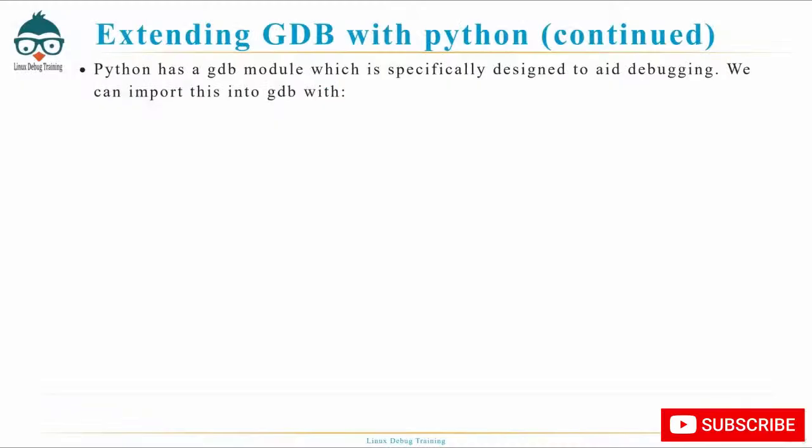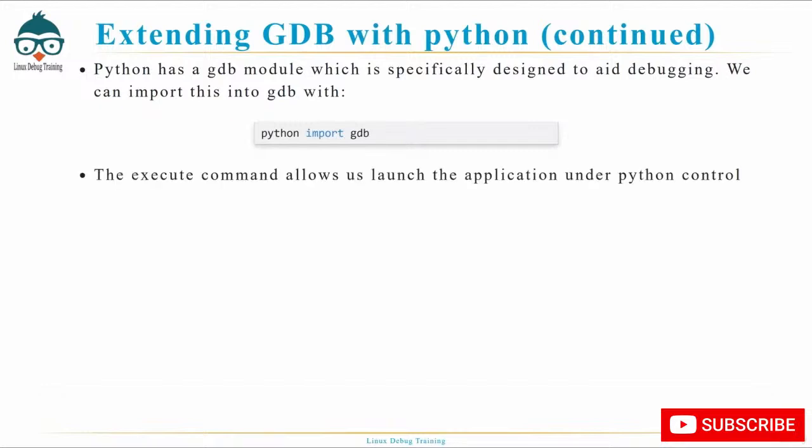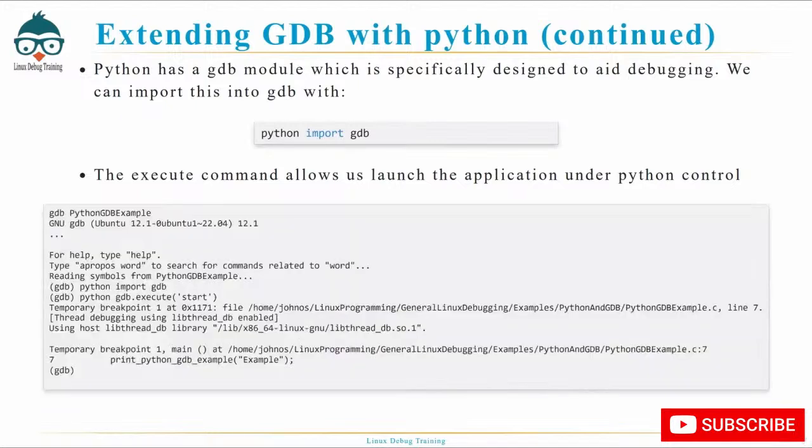Python has a GDB module which is specifically designed to aid debugging. We can import this into GDB with the following command: python import gdb. The execute command then allows us to launch the application under Python control.